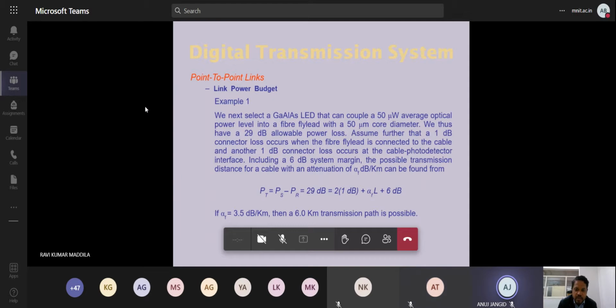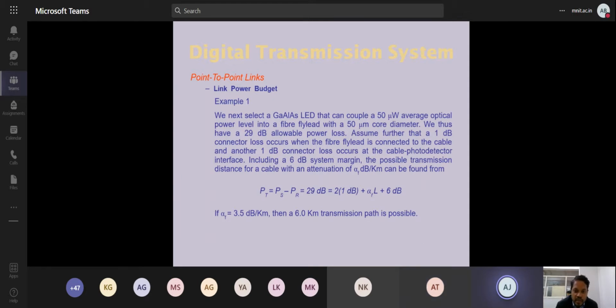LC is the connector loss of 1 dB. It considers the two connectors, one at the transmitter end and another at the receiver end.